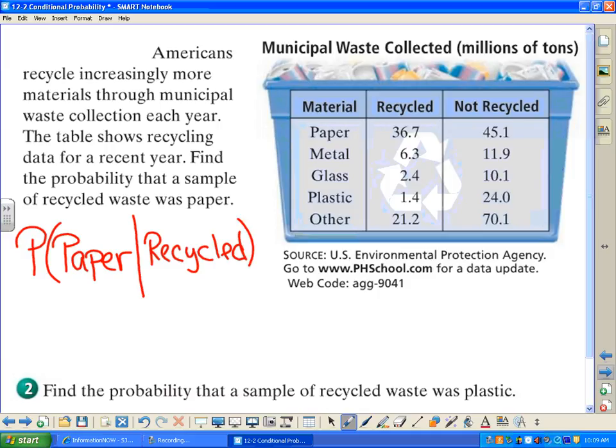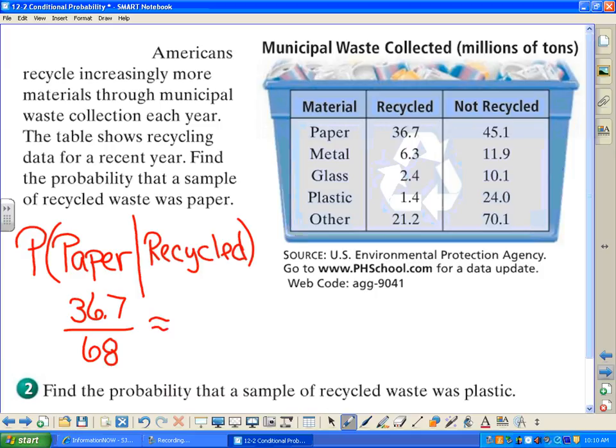So you're only looking in the recycled column, which is in fact 36.7 over, now what did you say the bottom number was? 68 point, yeah, I thought you said something else, but just plain old 68. And let's change that into a percent just because that would be a little bit more helpful when we're dealing with millions of pounds of things. Let's get an approximate percent here.